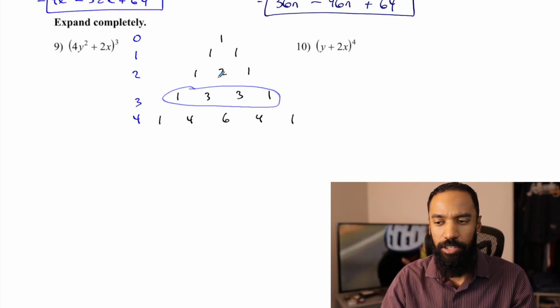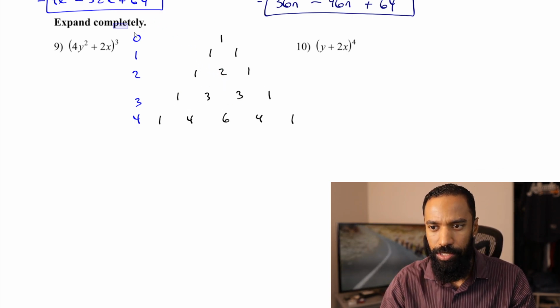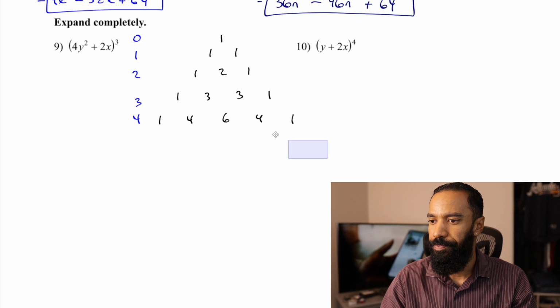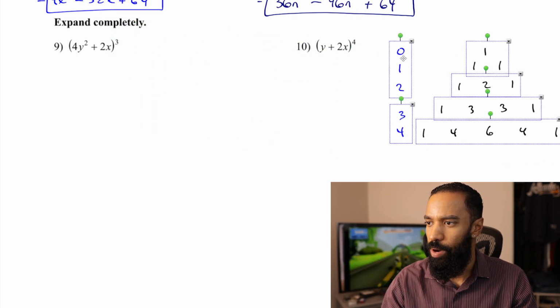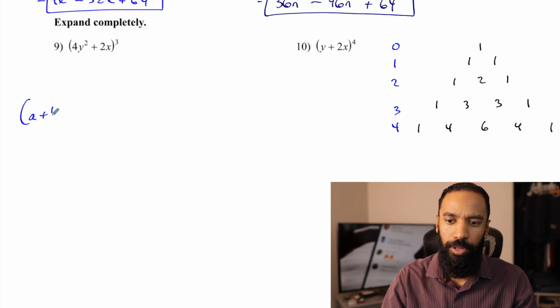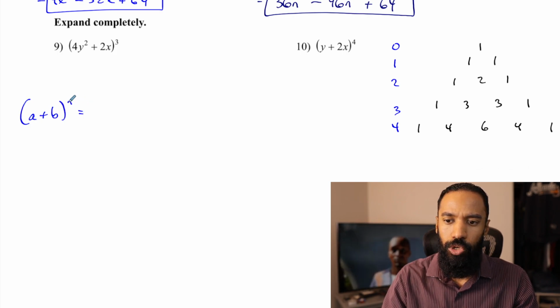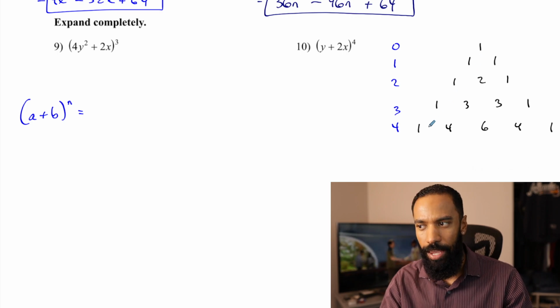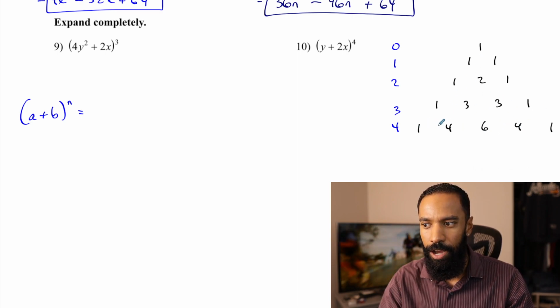And what we found in Pascal's triangle right here, these are coefficients that multiply by your terms. I don't know if it's in me to write out the full formula here. When you have a plus b to the n power, you're using Pascal's triangle. So I'm actually going to leave that little part out.